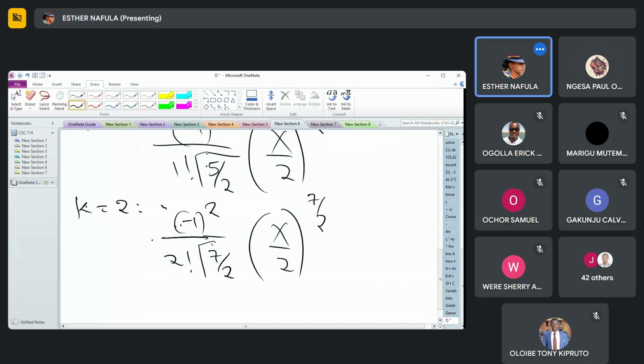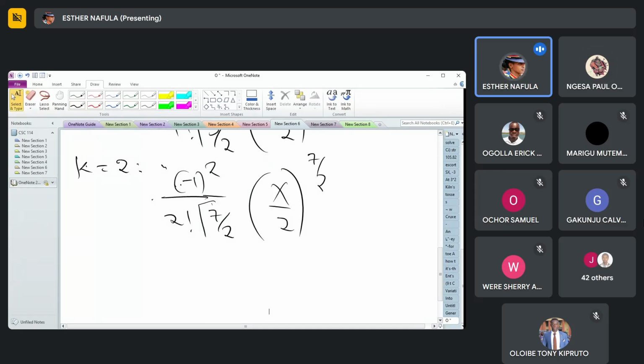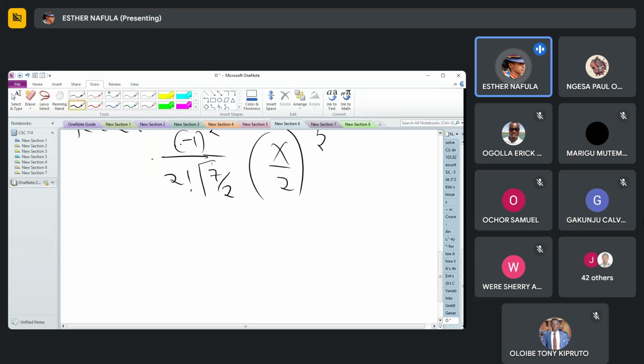Yes. Let's list down the first few terms. What did we have for the case k equals 0? Sorry, it's 5 over 2. Okay, no. For k equals 2, we have x over 2 power 5 over 2.